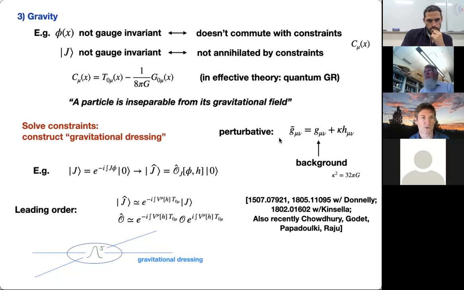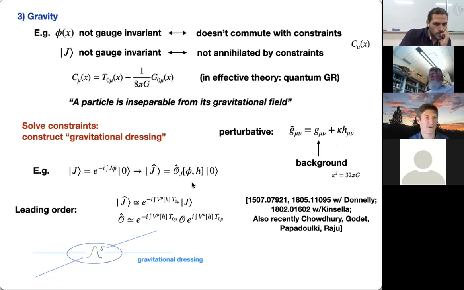And at least to leading order, we can understand how to solve the constraints by constructing an operator that involves this metric perturbation. So we take, for example, this state where we've created an excitation in a neighborhood, and we can promote it to a dressed state, which involves both the original, say, scalar field and the metric perturbation. So an operator that involves those acting on the vacuum.